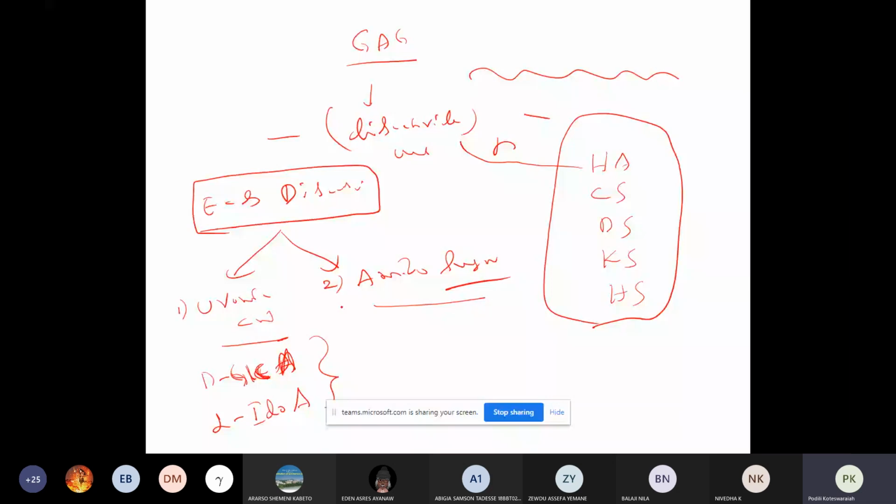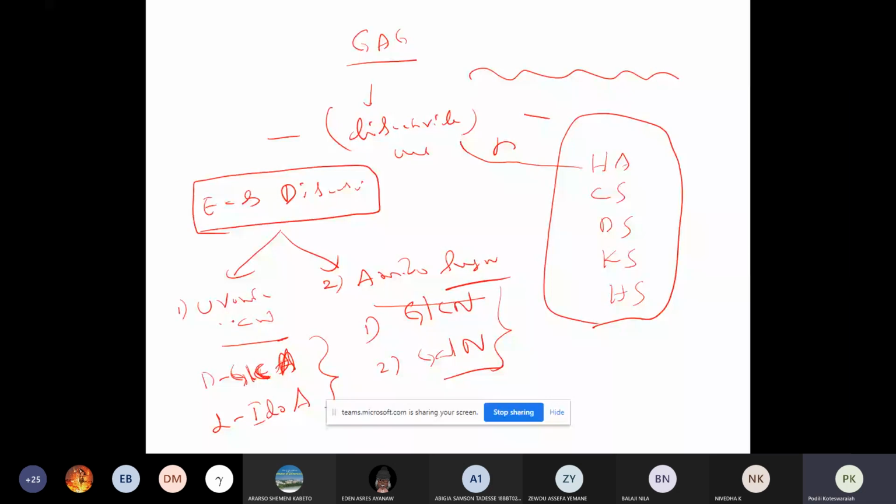Coming to the amino sugars, the commonly present amino sugars in the disaccharide repeat of the GAG chains are glucosamine and galactosamine. That means each disaccharide repeat has one uronic acid and one amino sugar.